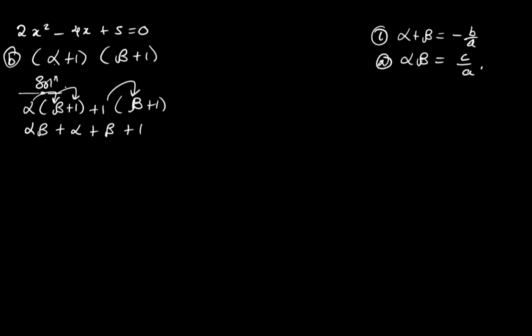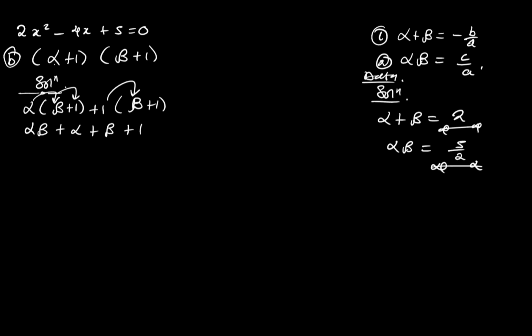So now, if you look at this clearly, remember we found these conditions. We found that alpha plus beta, because it's minus b over a, is going to be minus minus 4 over 2, which literally gives us 2 in the end. Then we found alpha beta to give us 5 over 2.